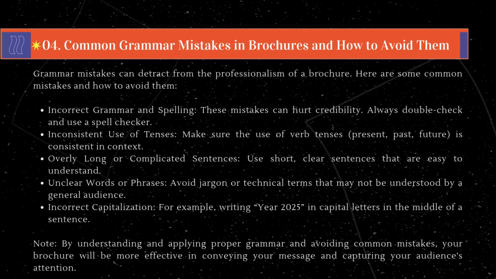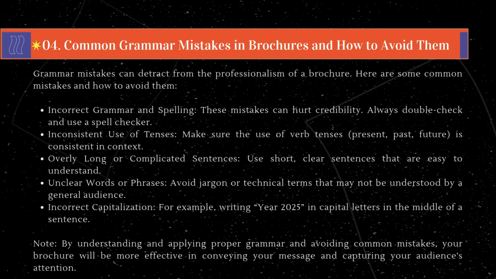3. Overly long or complicated sentences. Use short, clear sentences that are easy to understand. 4. Unclear words or phrases. Avoid jargon or technical terms that may not be understood by a general audience. 5.